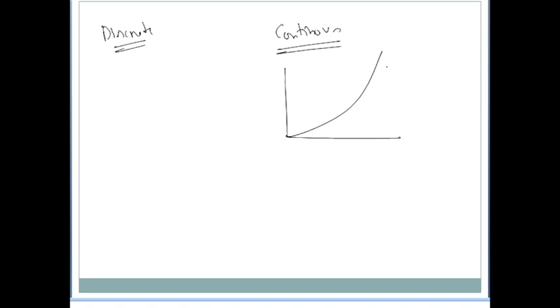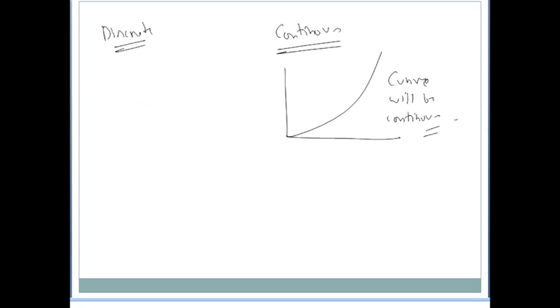Here we can see that the curve will be continuous. The curve will not break at any points. There will be a continuous curve in case of a continuous random variable, whereas in case of discrete random variables, it will be obtained randomly at different points. There will not be any continuous curve.